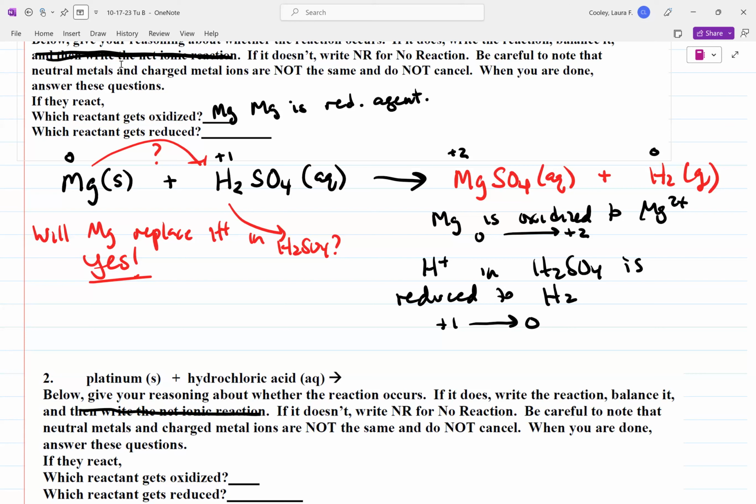Nothing is oxidized. Right. So it's AO. Propane.